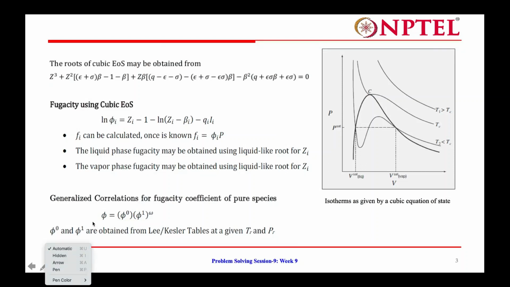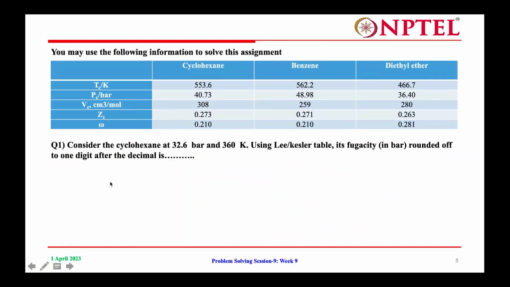Right. So we have to use this correlation: phi equals phi0 into phi1 raised to the power omega, right? To find these values from the Lee-Kesler tables, we first have to calculate T_r and P_r, that is T by T_c and P by P_c.